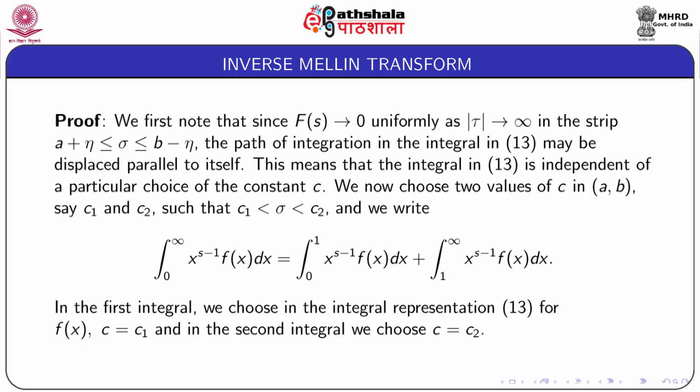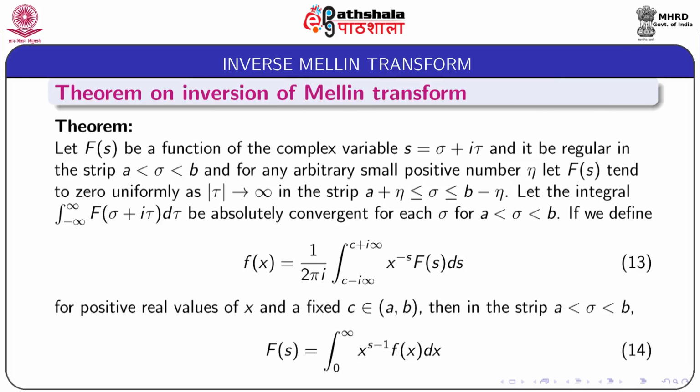In the first integral, we choose in the integral representation of 13 for f(x), c equal to c1, and in the second integral we shall choose c equal to c2.